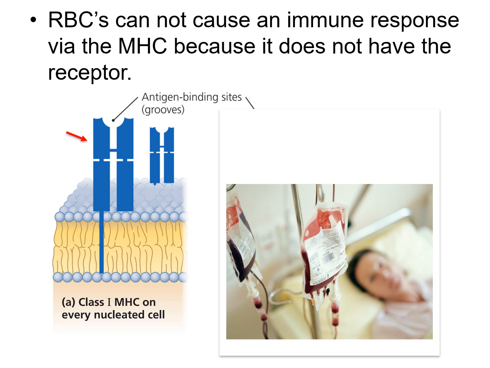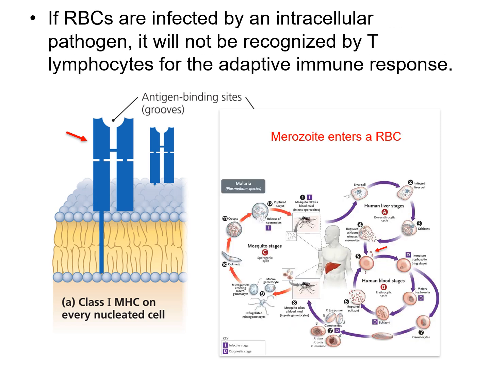You just can't have the rejection of red blood cells via that glycoprotein called MHC 1. If red blood cells are infected by an intracellular pathogen, it will not be recognized by T lymphocytes for the adaptive immunity response.